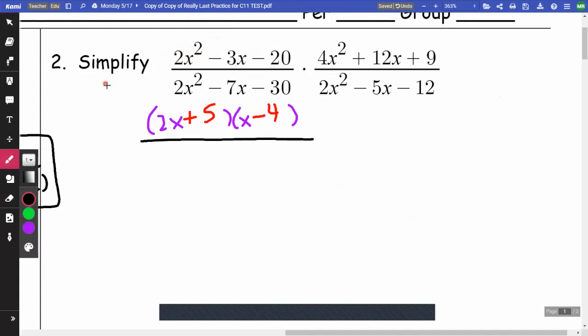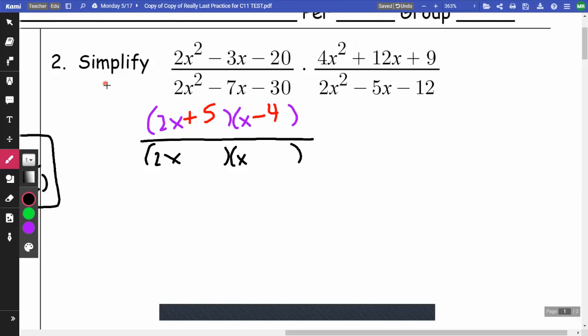So on the bottom, the 2x squared minus 7x minus 30, that's going to be a 2x and an x. The 30, let's see, I'm thinking I need a 7.